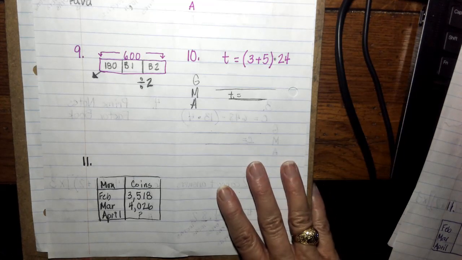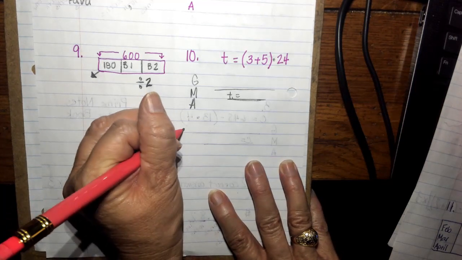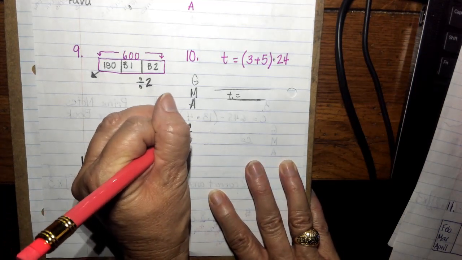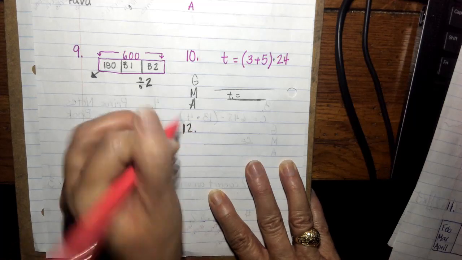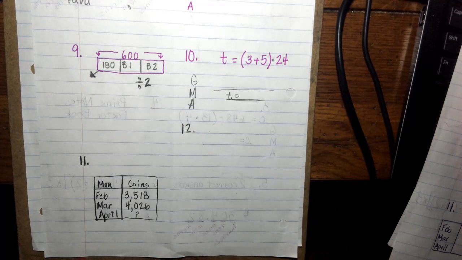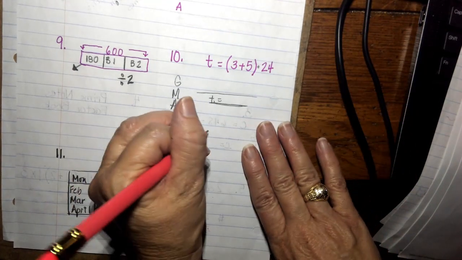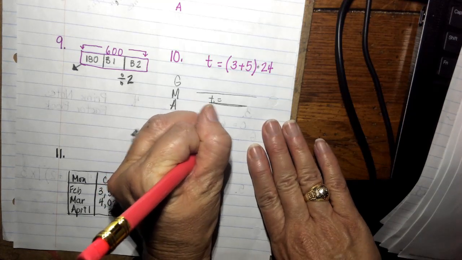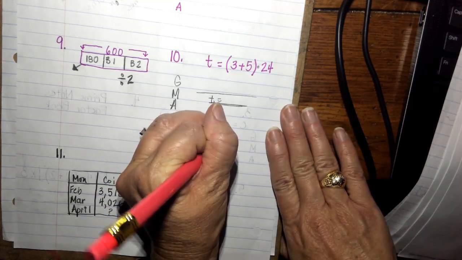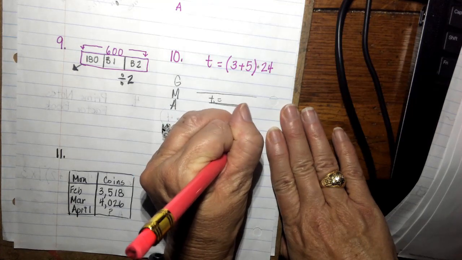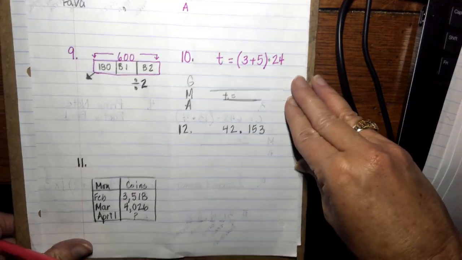And then finally, number 12. I'm going to go ahead and give myself a little bit of room here for number 12. For number 12, you're going to be rounding some numbers. Actually, number 12 has several parts. There's going to be 3 separate answers. The number that you're looking at is 42 and 153 thousandths.